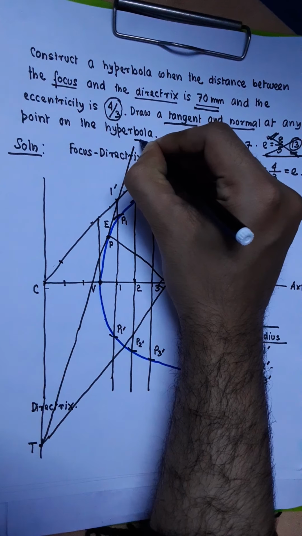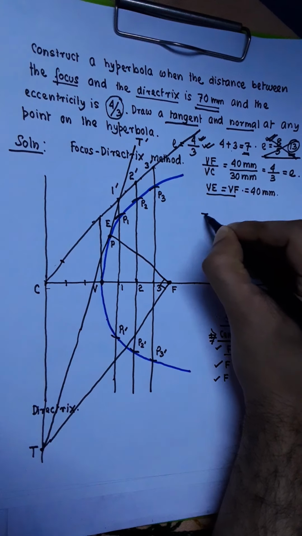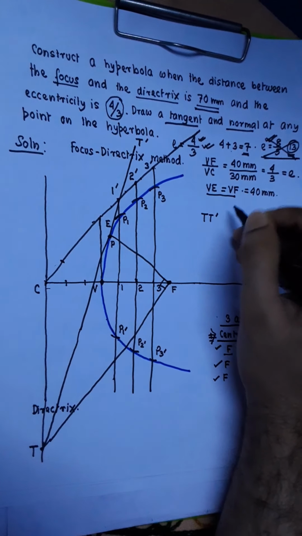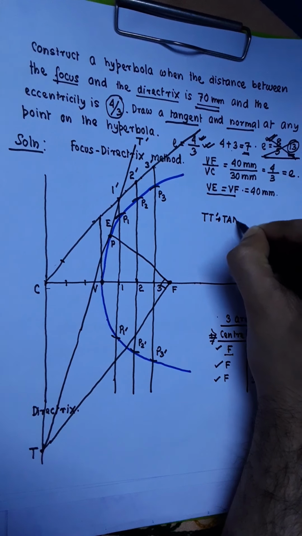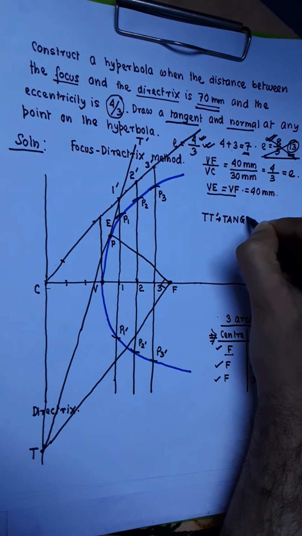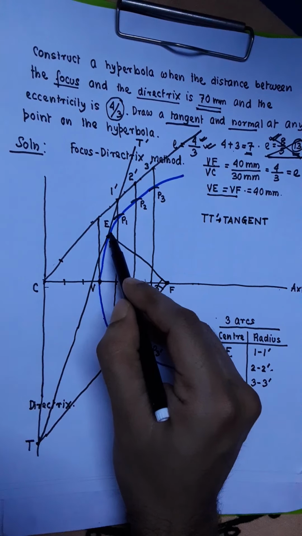The other end you call as T dashed. So you can see this line T dashed is nothing but the required tangent. This line T dashed is the tangent to the hyperbola at the chosen point P.